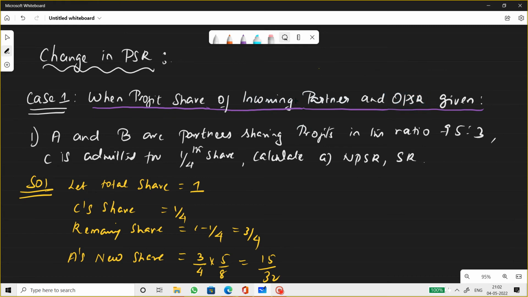An example to support this case: A and B are partners sharing profits and losses in the ratio of 5:3. So the old ratio is 5:3 here. C is admitted for 1/4 of the share in the profit. So this is the new partner's share. Calculate NPSR and sacrificing ratio.